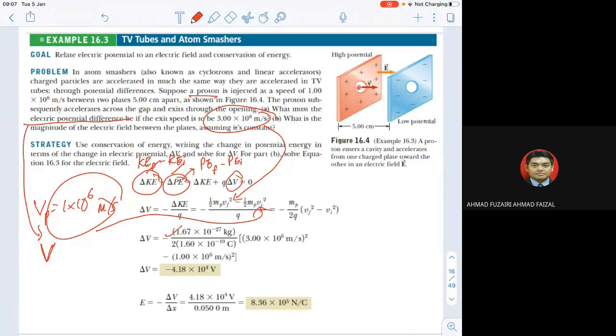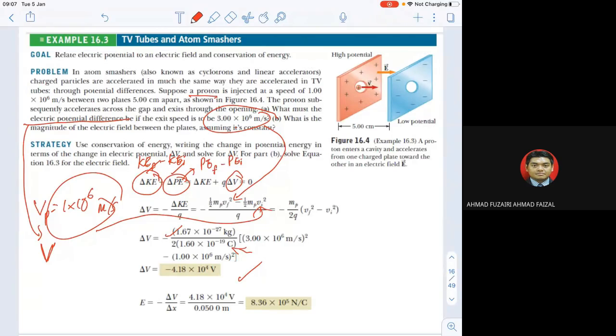And Q is the charge magnitude, 1.6 times 10 to the power of negative 9 coulomb. Then in the end we will get negative 4.18 times 10 to the power of 4 volts. So that should be the potential difference.